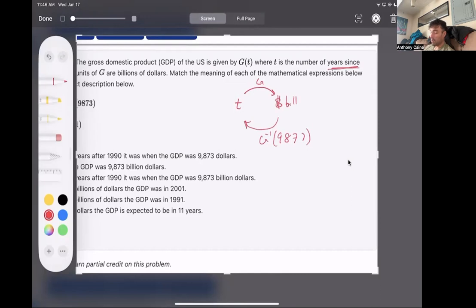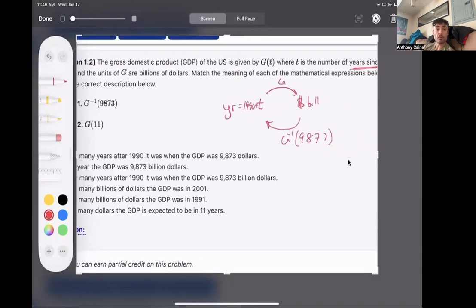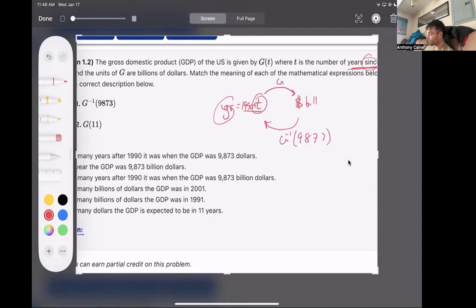So the actual year is 1990 plus T, right? Years since 1990. If no years have gone by, we're talking about the year 1990. If 1 year goes by, we're talking about 1991. So the actual year is 1990 plus T, but T is how many years have gone by. That's that word since.